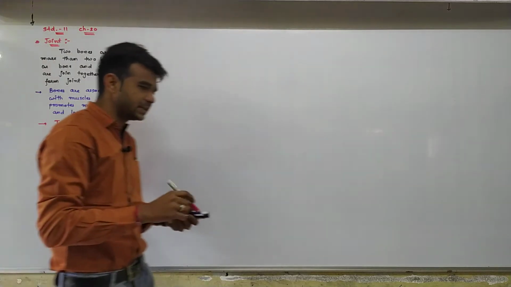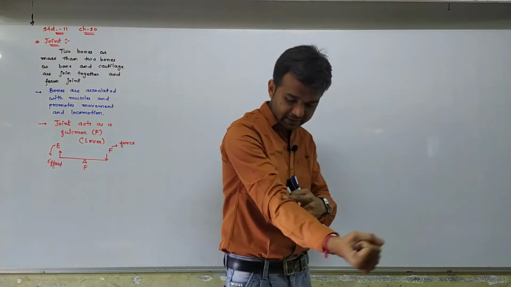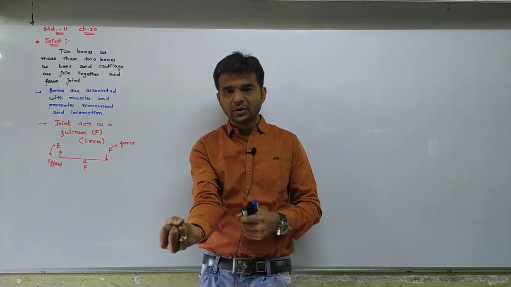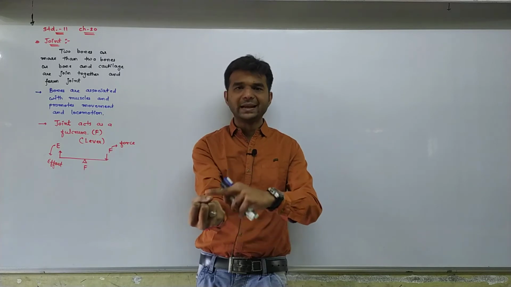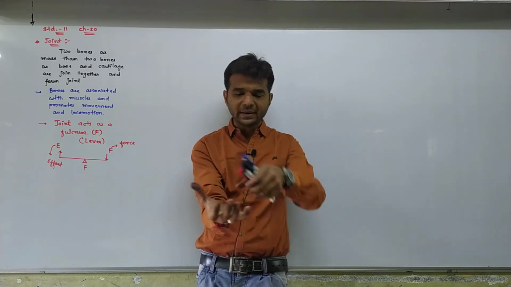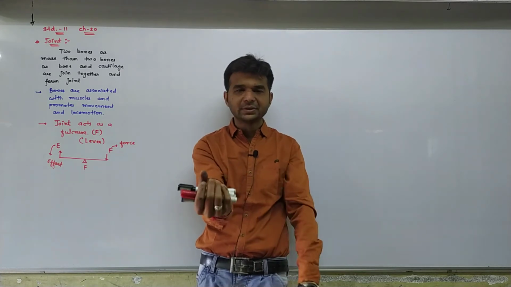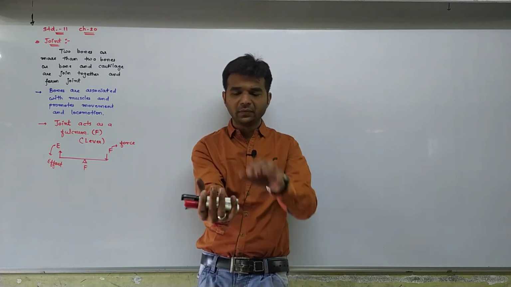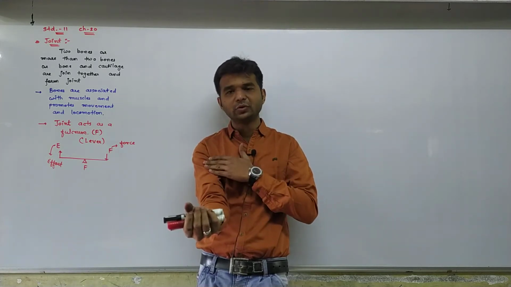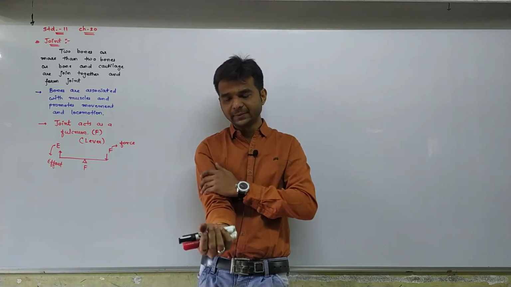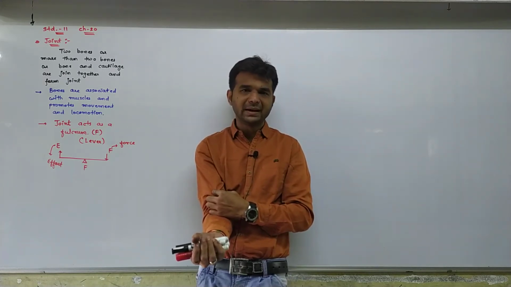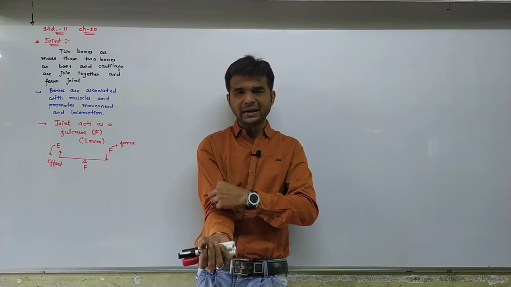Just for example, see, this is the elbow joint. In front of the elbow joint, if I apply the force, suppose I am holding these markers, here force is applied. On the opposite side of the elbow joint, you know that the biceps muscle is in the front of the arm.